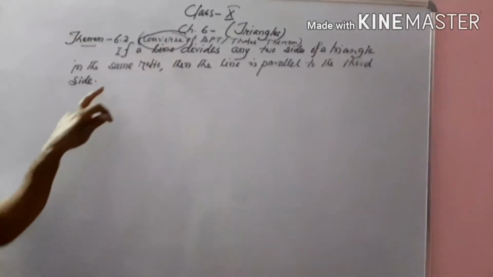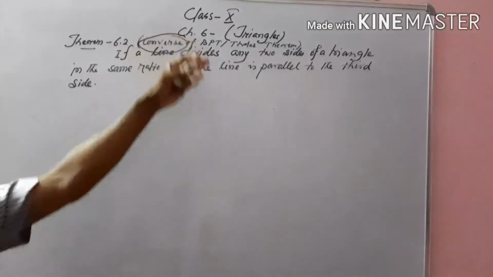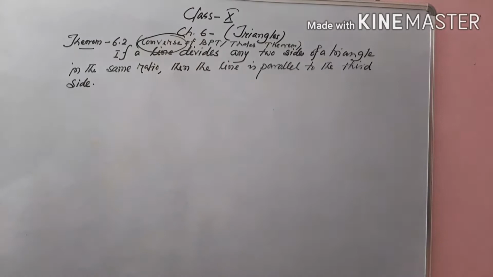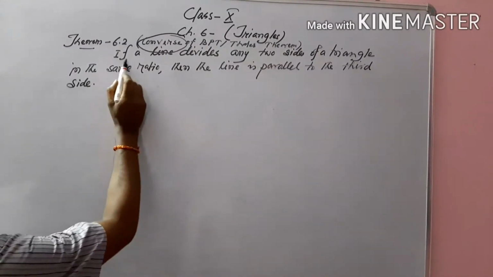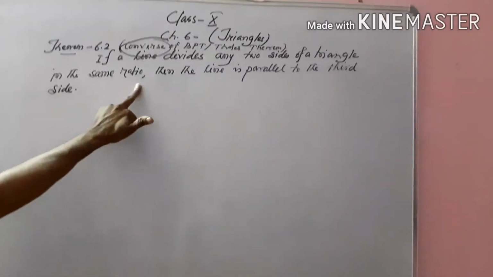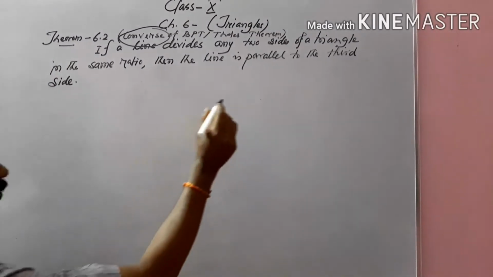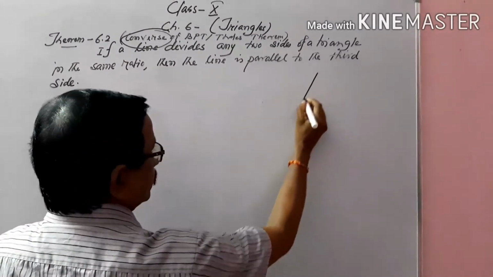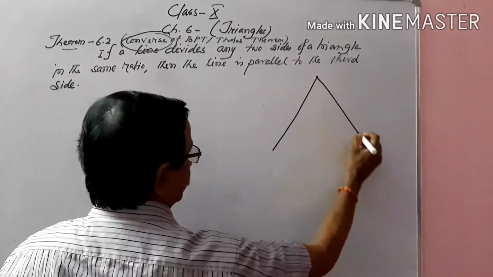I will go through the statement, and then you understand step by step. It is given that if a line divides any two sides of a triangle in the same ratio, then the line is parallel to the third side. Accordingly, I am drawing the figure.